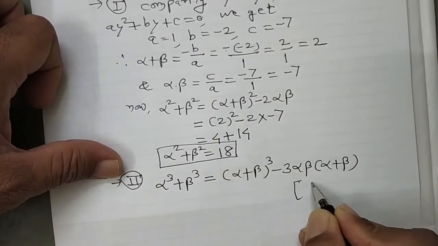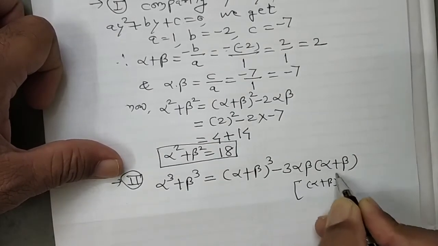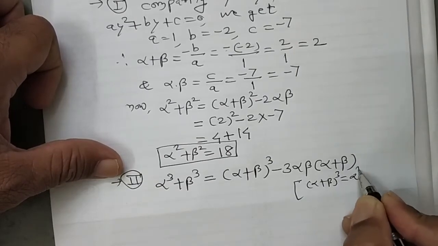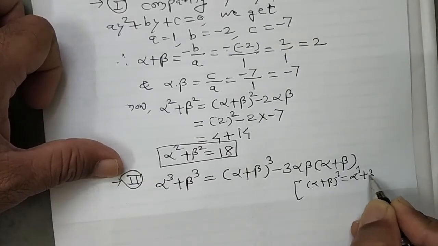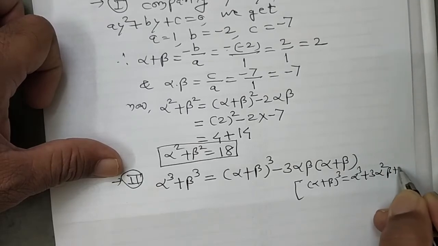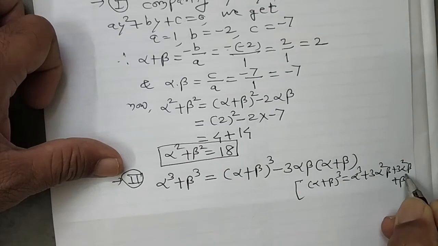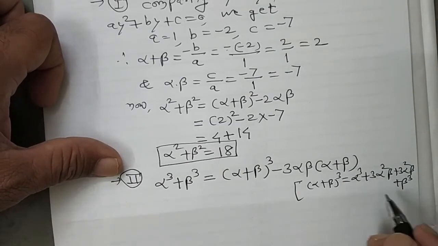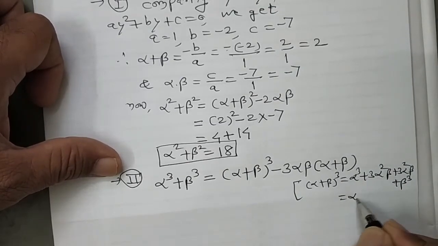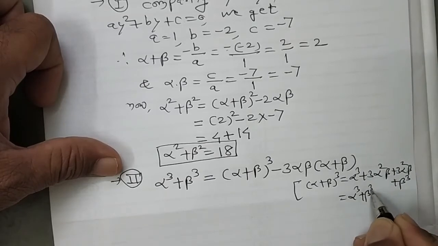We know the formula: alpha plus beta whole cube is equal to alpha cube plus 3 alpha square beta plus 3 alpha beta square plus beta cube.